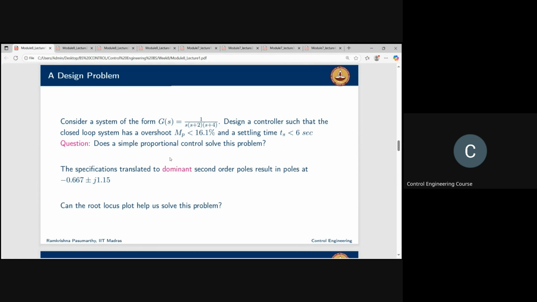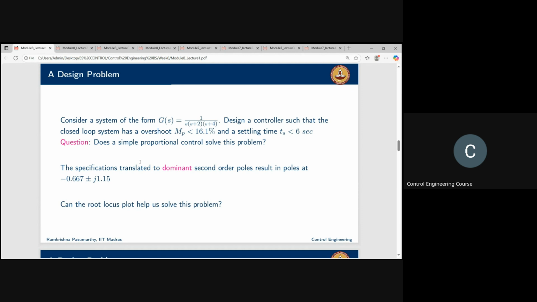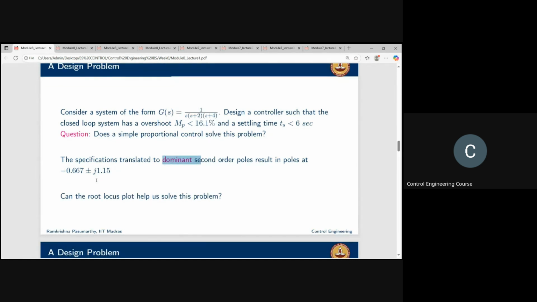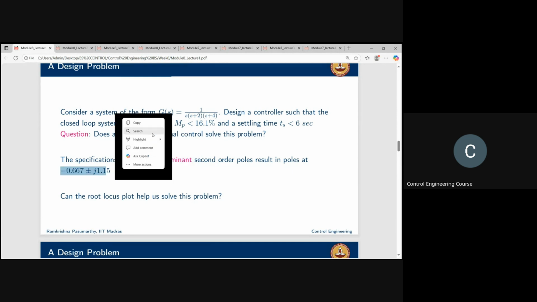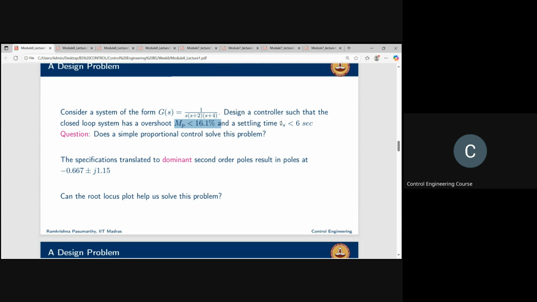If a simple proportional controller indeed solves this problem, then you can use root locus, because root locus is basically finding out where the closed loop poles go given a pure gain, right? Yes, sir. Pure gain is nothing but a P controller. So first we translate these two specifications into dominant pole locations. Find some dominant pole location satisfying these two criteria.